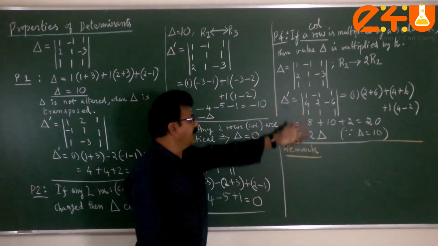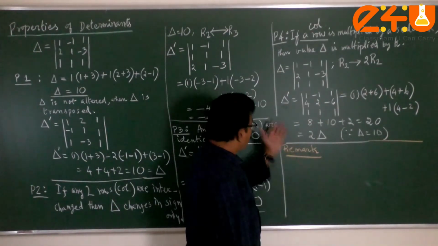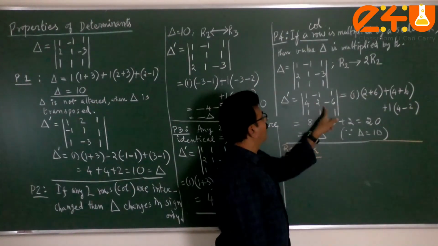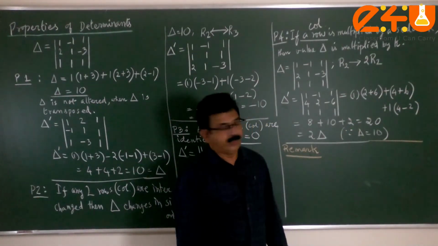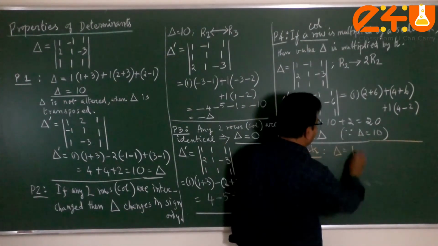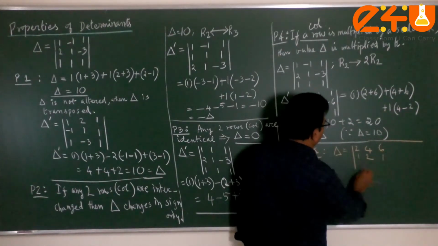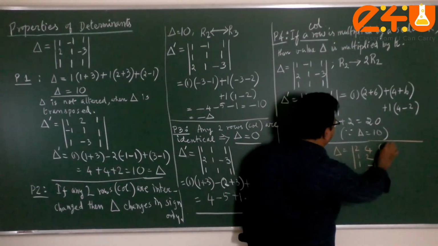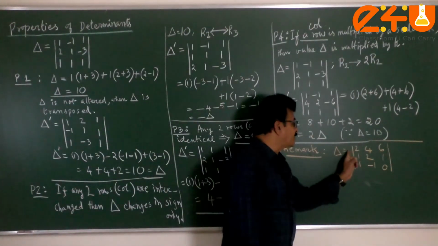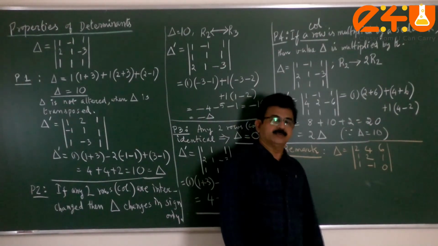Imagine the delta originally is like this: 2, 4, 6, 1, 2, 1, 1, minus 1 and a 0. So you find the row 1 has 3 elements which are all even numbers, which means 2 is a common factor.